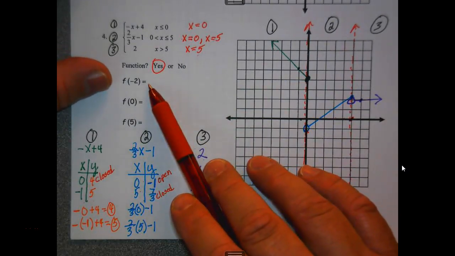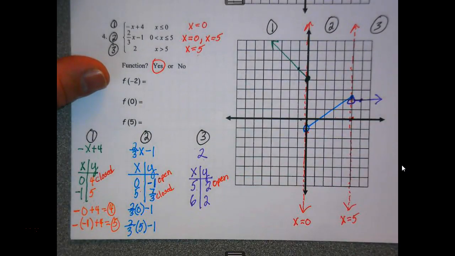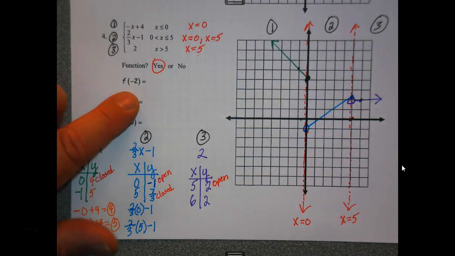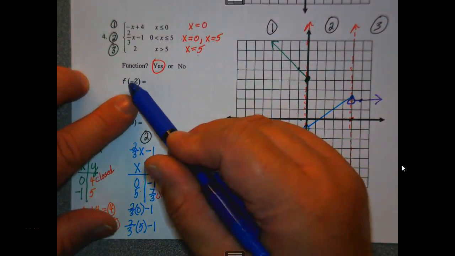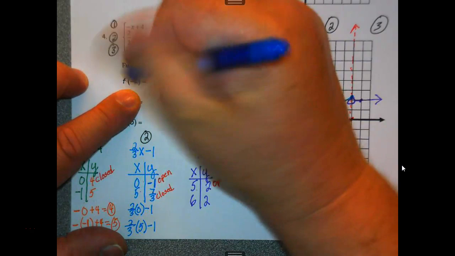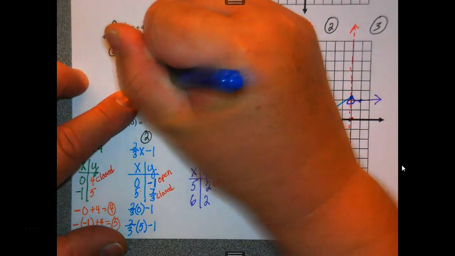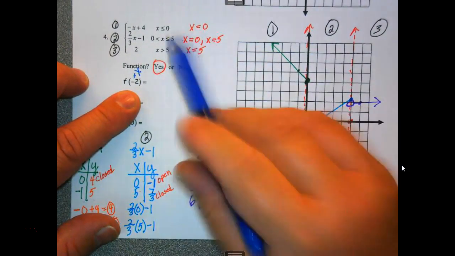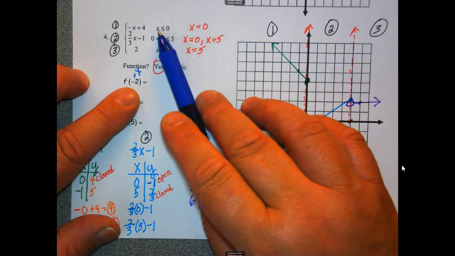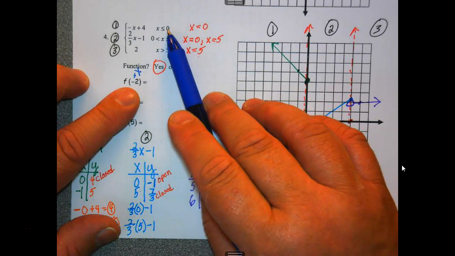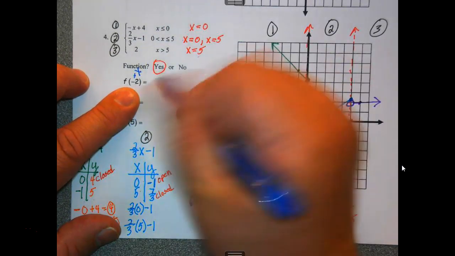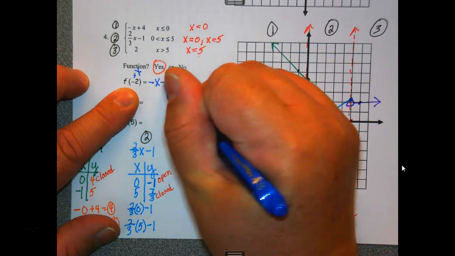All right. So let's do some evaluations, and then the rest of the class is yours. Let's look at f of -2. Remember, we're looking at it when -2 equals x. So we're going to look at our domain restrictions here. Is -2 less than or equal to 0? Well, yes, it is. So we have to use that function, -x plus 4.